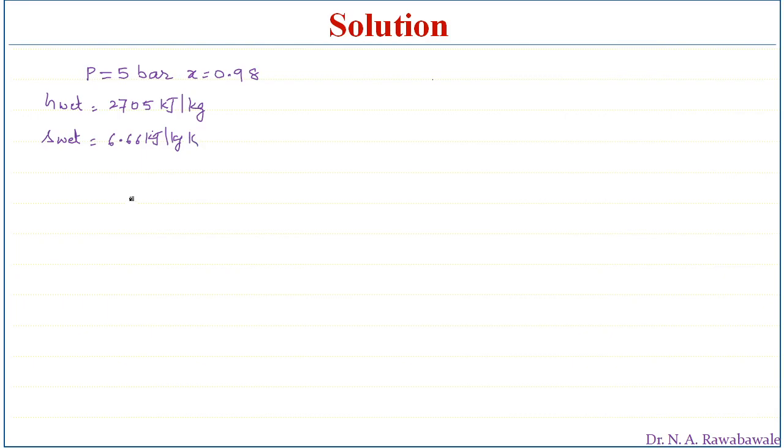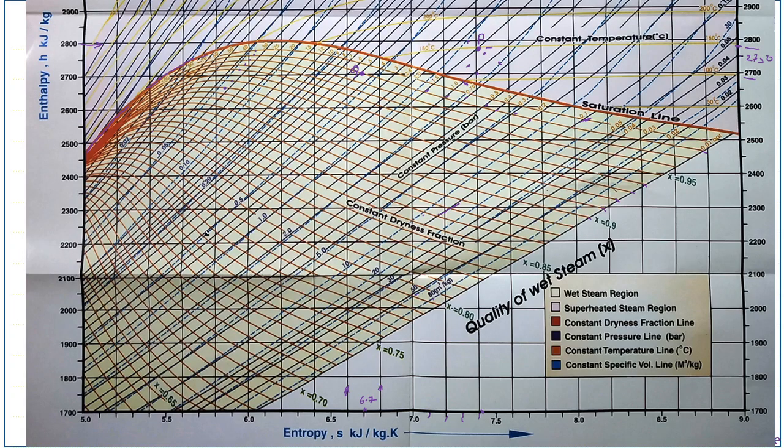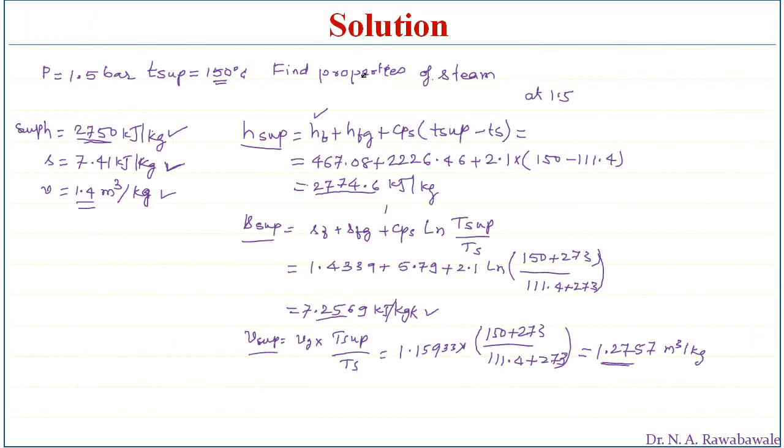Now specific volume. If we see the point Q is between these two dotted lines, it is very close to this dotted line. So if we divide this region into equal parts, it will be divided into 3 equal parts approximately. So this is one part, 1/3. This is 0.5 and this is 0.2.